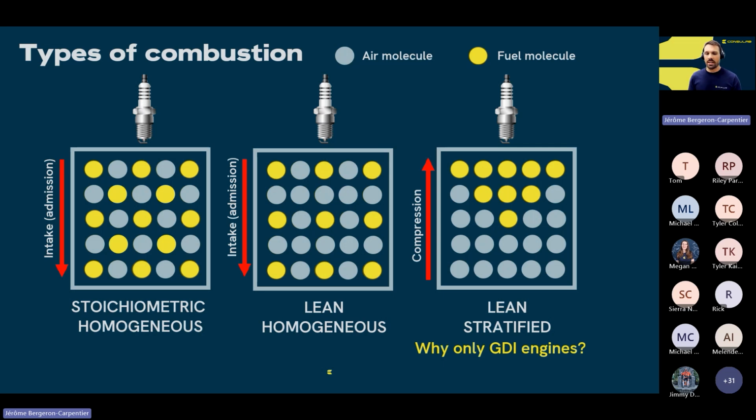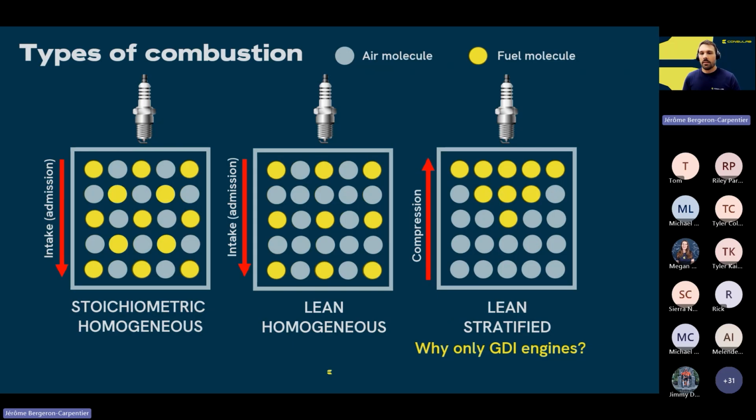So the question is, why only on those GDI engines? That is a question that we are often asked: can I have that lean stratified type of combustion in a standard engine?